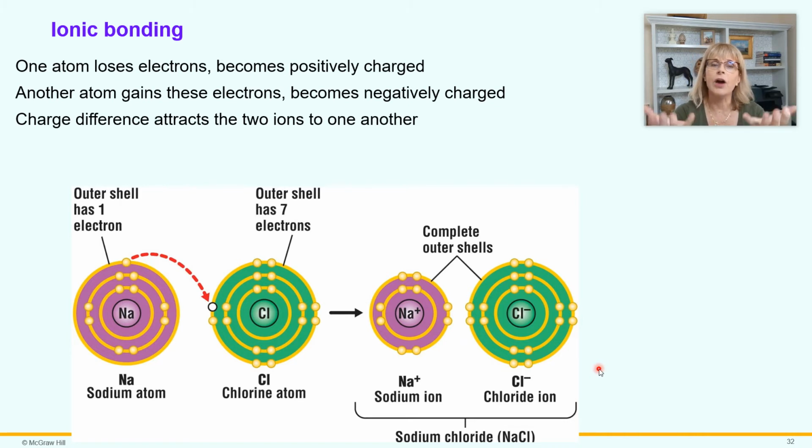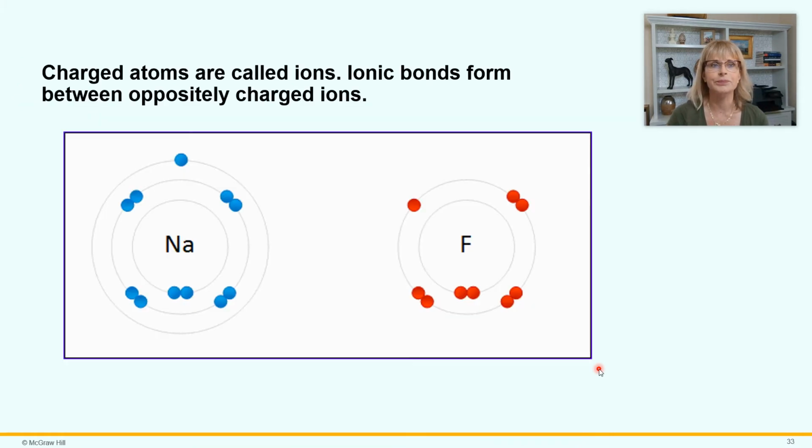And so now they're oppositely charged, and just like in Hollywood, opposites attract. And so the positively charged sodium ion is attracted to the negatively charged chloride ion, and they're bonded to each other. Not as strongly as in a covalent bond, but pretty strongly. And this is a good example of an ionic bond.